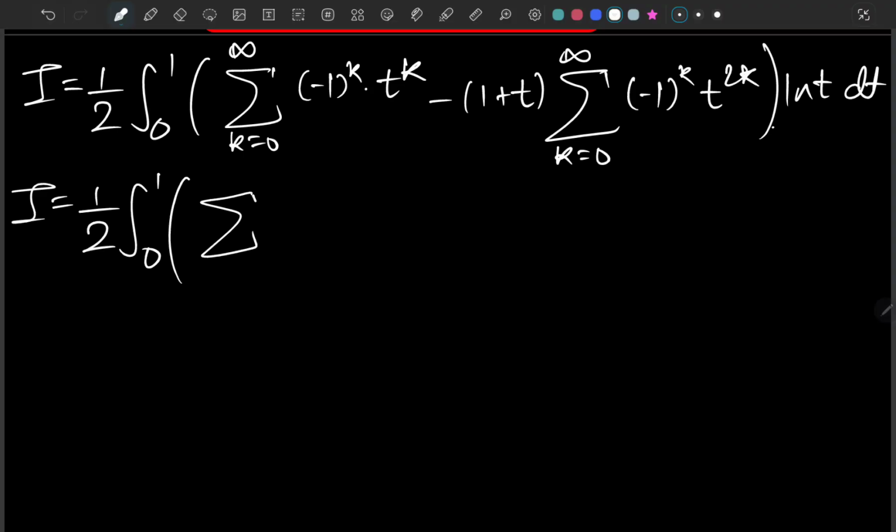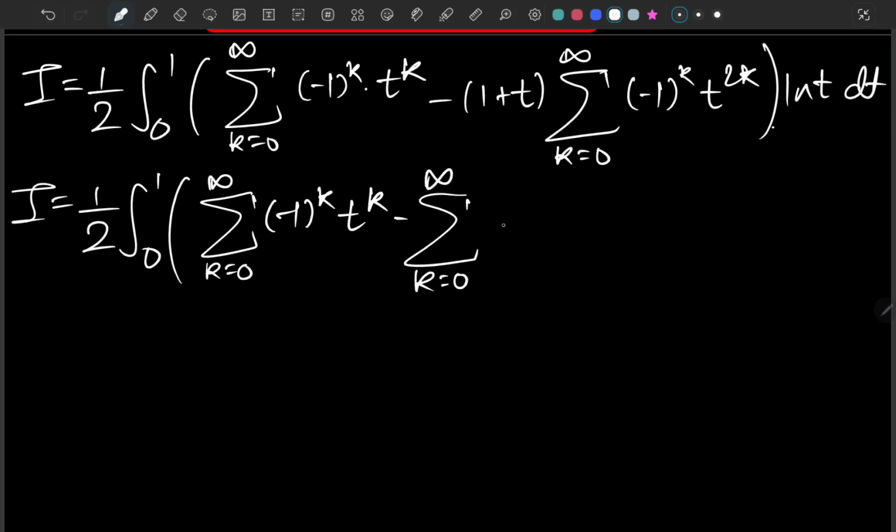So first infinite sum is as it is, that is k goes from 0 to infinity of negative 1 to the k t to the k. Second would be negative 1 times the sum as k goes from 0 to infinity of the same function, t to the 2k. And then this t actually is negative factored out, so let me just plug a negative sign here.